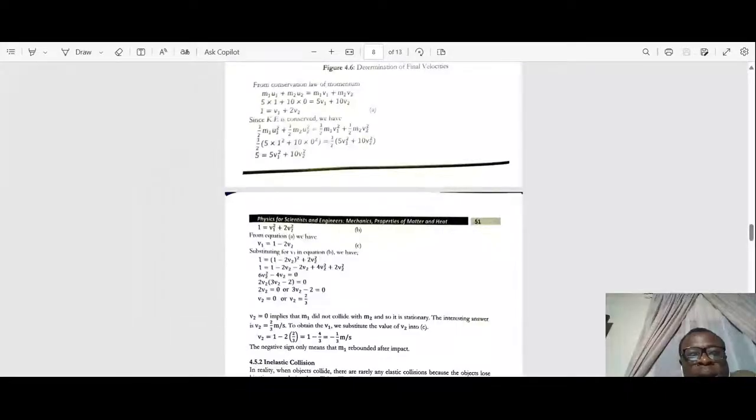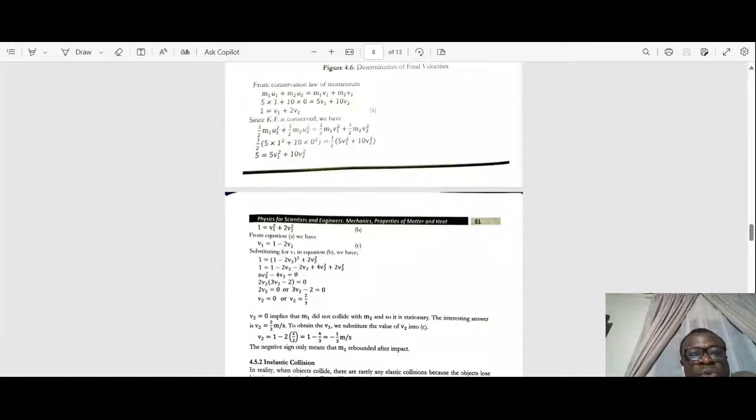So if you now collect like terms, you have 6v2 square minus 4v2 equal to 0. And you factorize 2v2 into 3v2 minus 2 will give us 0. Because if you open that bracket, you still get the previous equation.